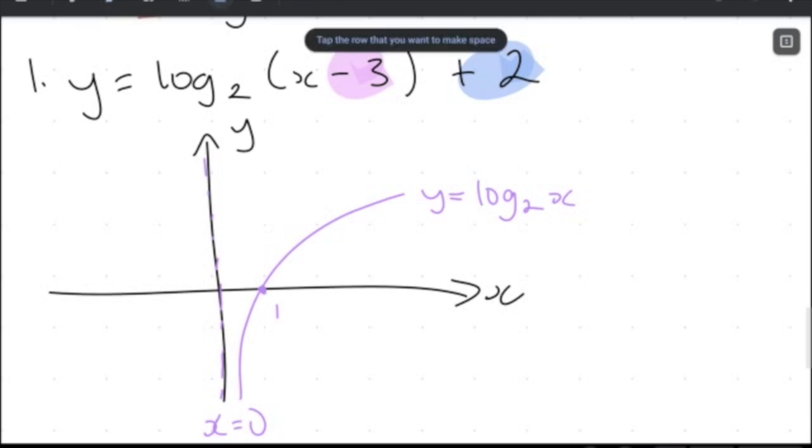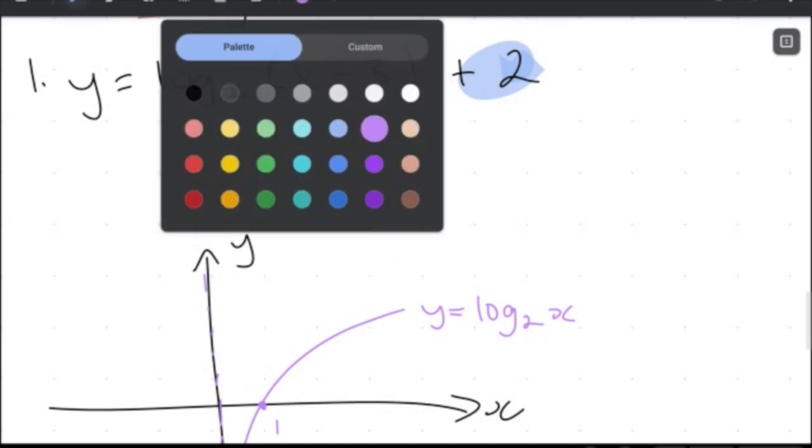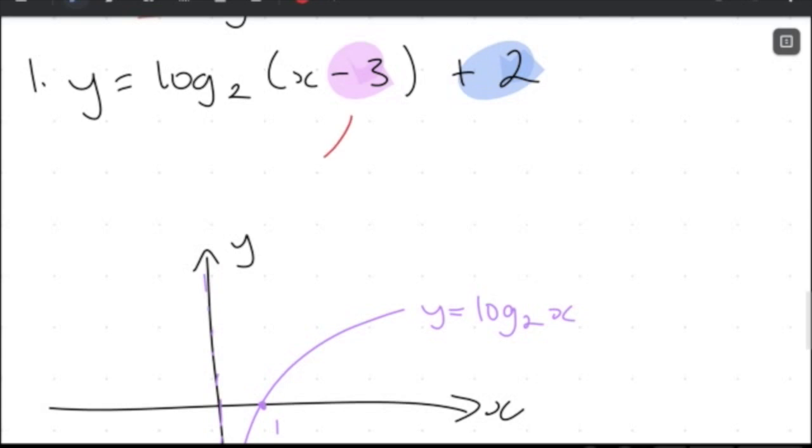If you remember from when we first looked at transformations, we identified what these were. So this is a little bit of a recap of what we did before. If something's acting on the x, we're going to shift it left or right. This is a horizontal shift, and we shift it to the opposite side of what the sign is.